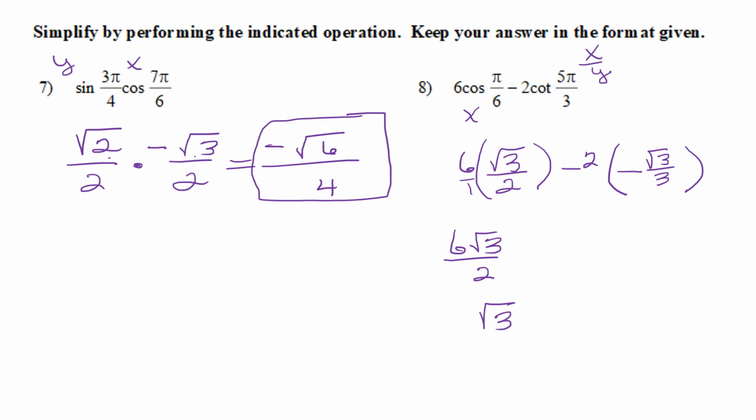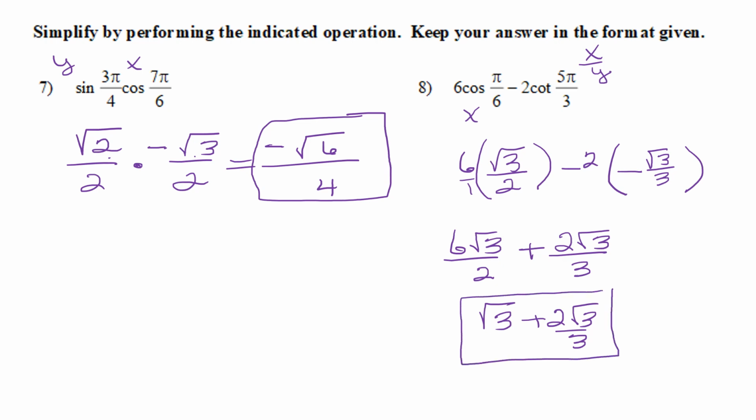And then our next one, a negative 2 multiplied by negative root 3 over 3 will give us a positive 2 square root 3 over 3. That one does not simplify. So I'll just leave that as plus 2 root 3 over 3. Okay, now this answer is perfectly fine. The square root of 3 plus 2 square root 3 over 3.